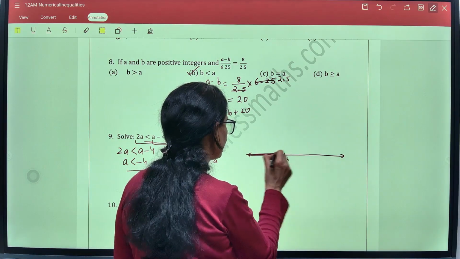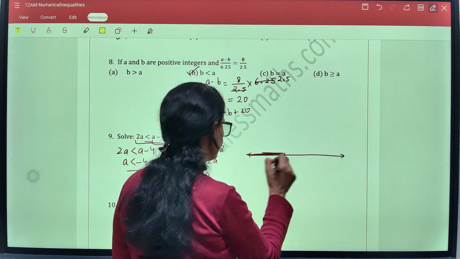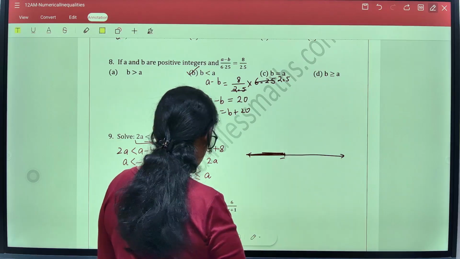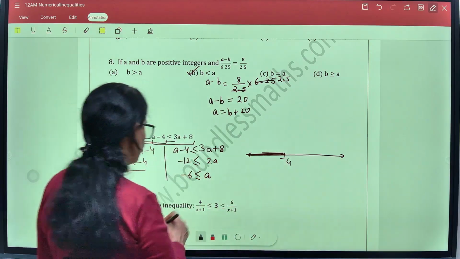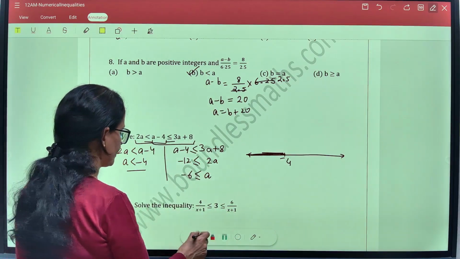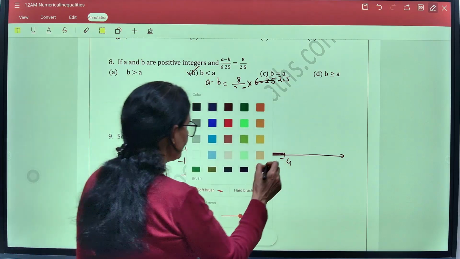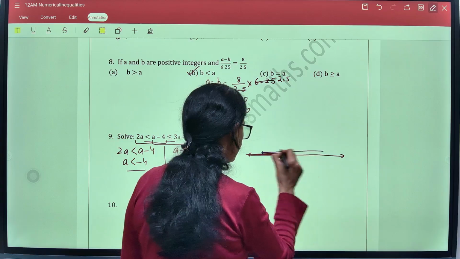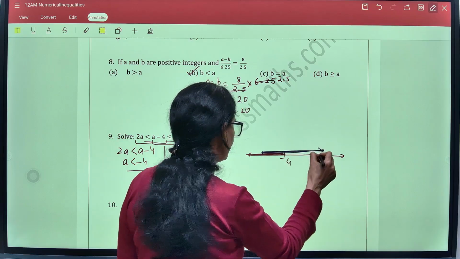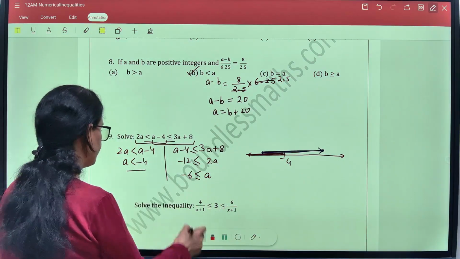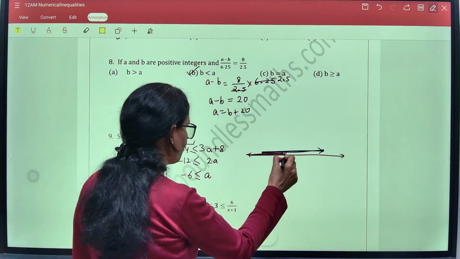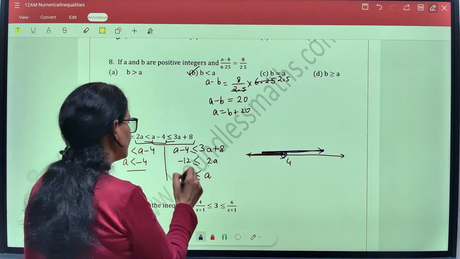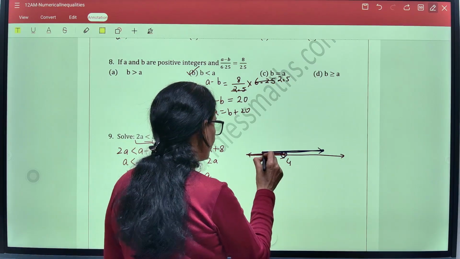So all the values less than minus 4 are a solution. Next solution we got was a is greater than or equal to minus 6. So that means if we have minus 6 here, a is greater than or equal to minus 6. That means it is on the right side. Less than minus 4 means this is an open end. Greater than or equal to minus 6 means this is a closed end.